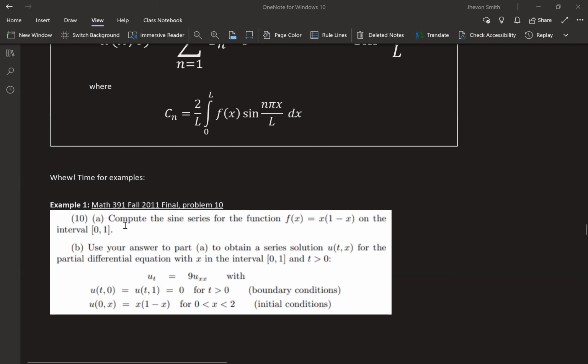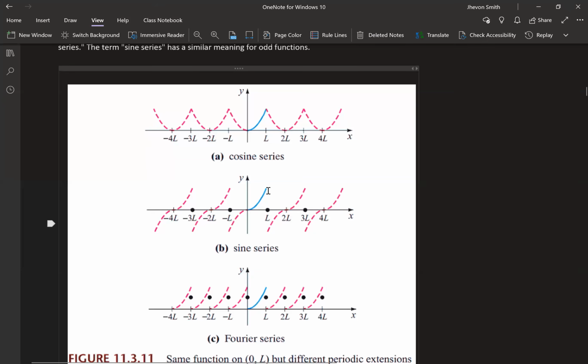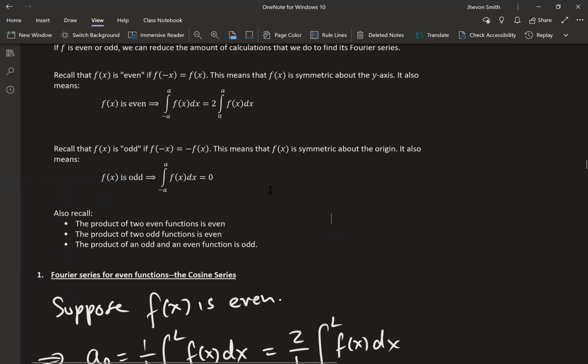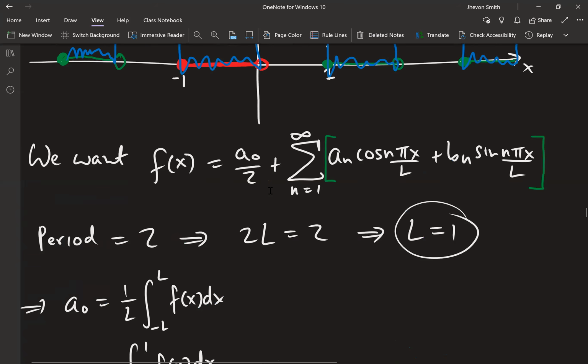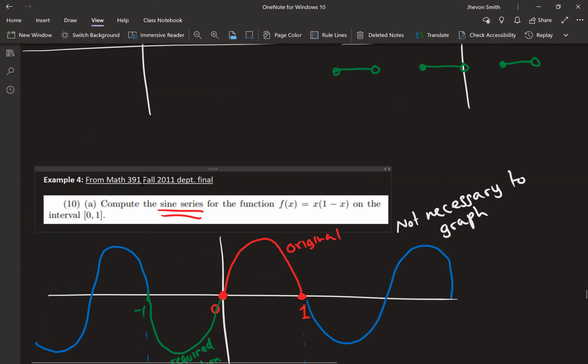We actually did part A yesterday. Remember I told you the fall 2011 final problem 10 part A is what we did, where it asked us to find a sine series for a function. We actually did that yesterday. It involved integration by parts. Well, we did the tabular method. So that's example 4 from yesterday's class.